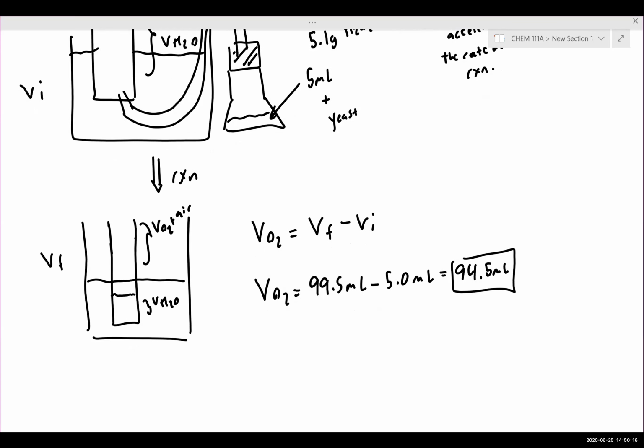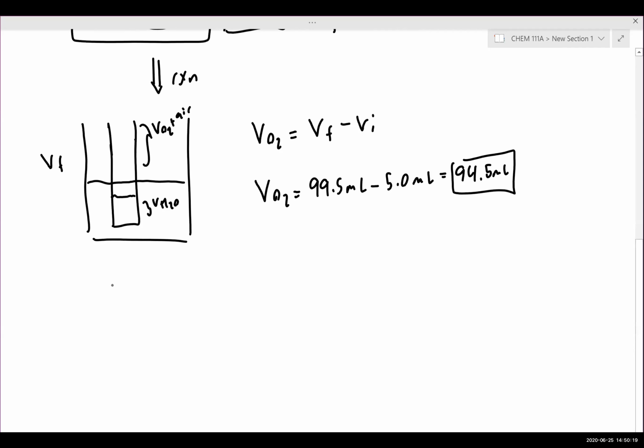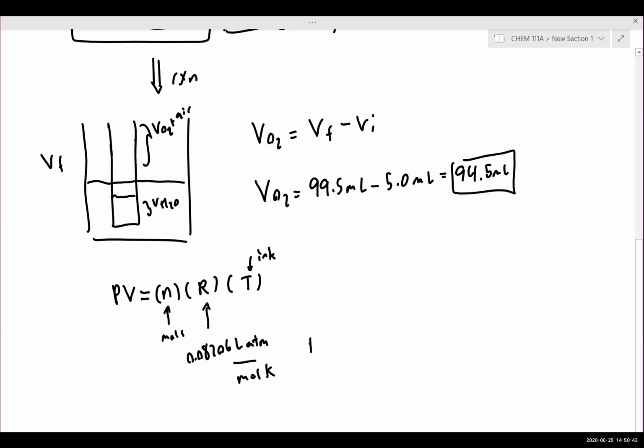Okay, so now the ideal gas law states that the pressure times volume of a gas is equal to n, the moles of gas, times R, which is a constant, 0.08206 liter atmosphere per mole Kelvin, times the temperature in Kelvin, where Kelvin is equal to degrees Celsius plus 273.15.